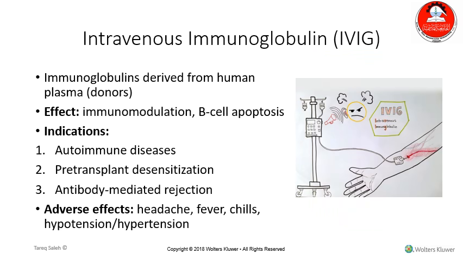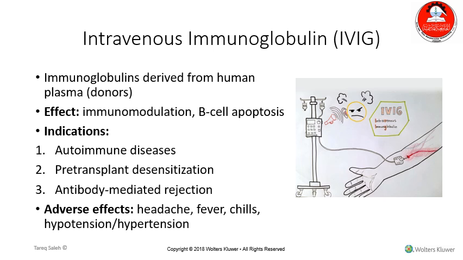Okay, now we come to another concept called intravenous immunoglobulin. Intravenous immunoglobulin is just a general term that describes several types of immunoglobulins that circulate in human plasma. We can isolate those immunoglobulins from the blood donated by humans, right?